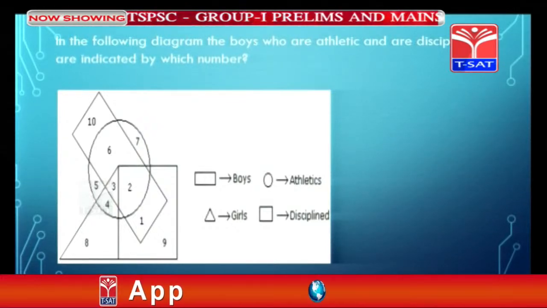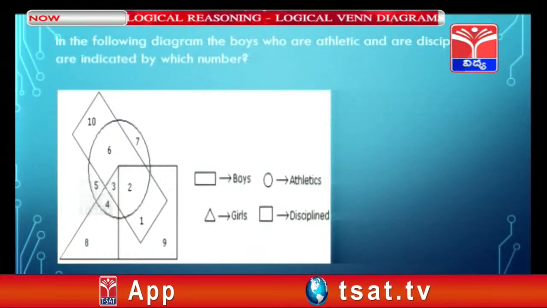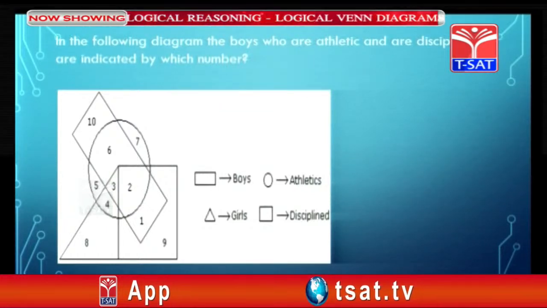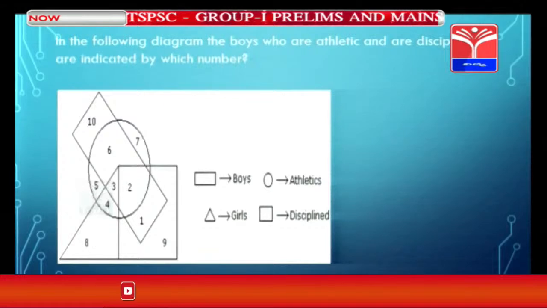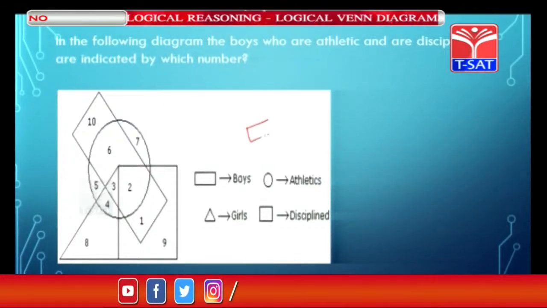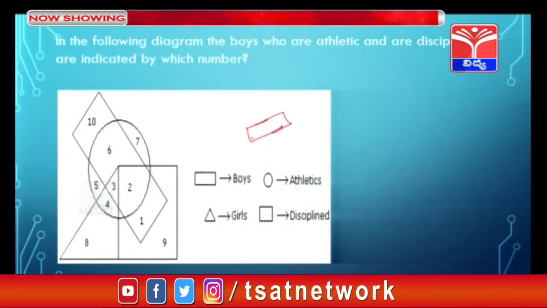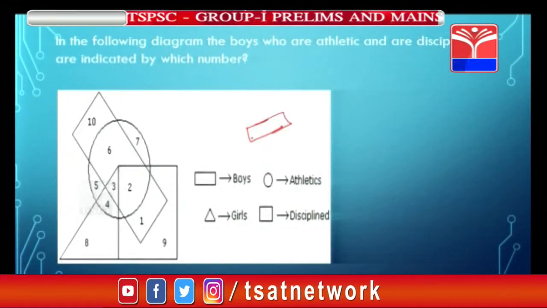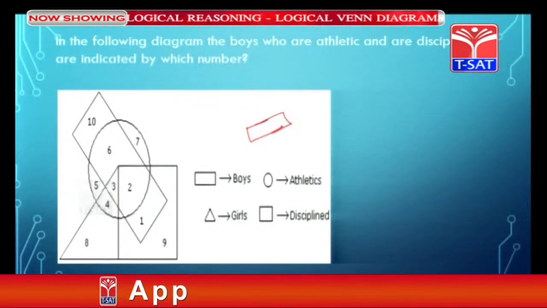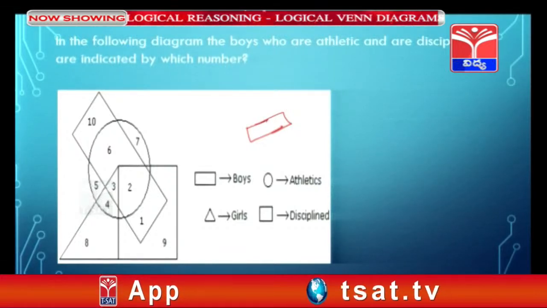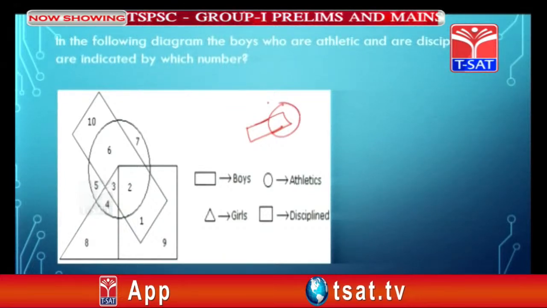Basically they are boys first. Boys means it comes under the rectangle. Second, they are athletics, which means it comes under the circle. Correct? Okay.